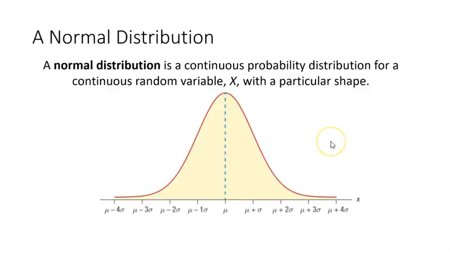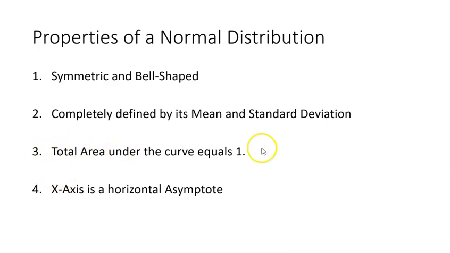So continuing the conversation means we're continuing the normal distribution. Remember, we're bell-shaped. Everything is based off of the mu, the mean, and the standard deviation, sigma. We still have that total area under the curve equaling 1, and x is still a horizontal asymptote.